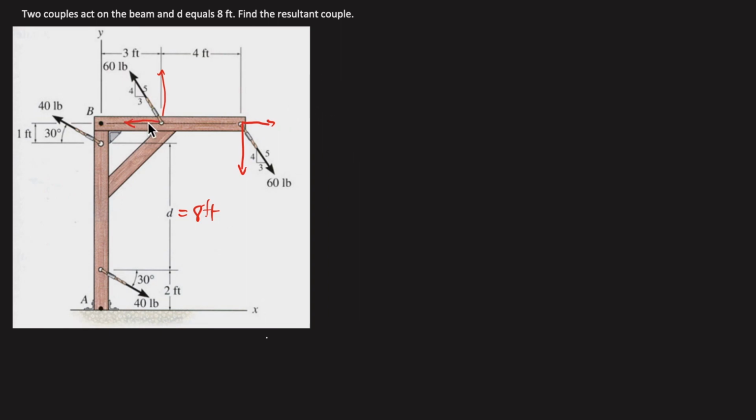Now let's get the component of the 60-pound force first. So let's get F1x, the x component of this force. This is equal to 60 pounds multiplied with, since we are getting the x component, the ratio of the x component with the horizontal.